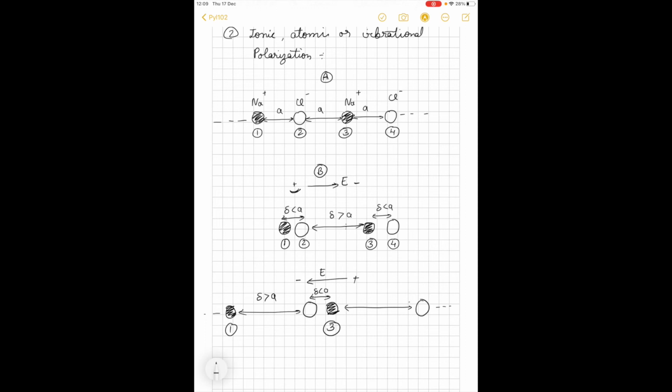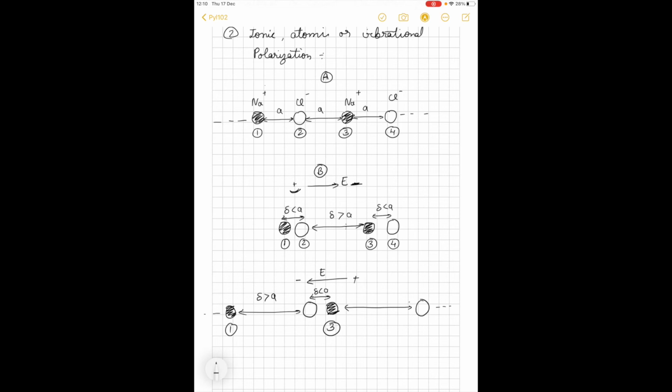So you can just try to do it yourself. Just remember one concept: the plus sign, the cation, would get attracted towards the negative end of the electric field, and the anion would get attracted towards the positive side of the electric field.